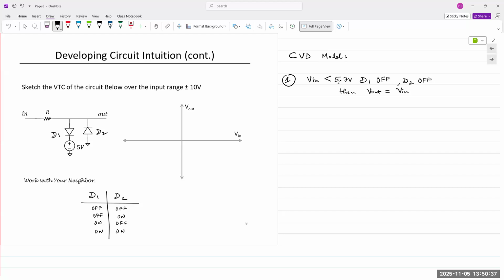There's a subset of this point because we are only talking about V in less than 5.7 volts. But we already established the fact that if V in falls below minus 0.7, then D2 will turn on. That creates another subset.